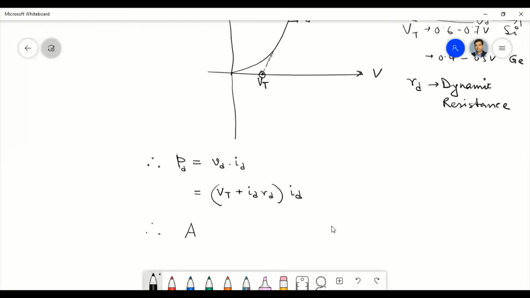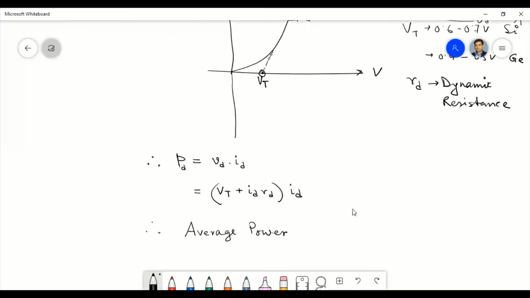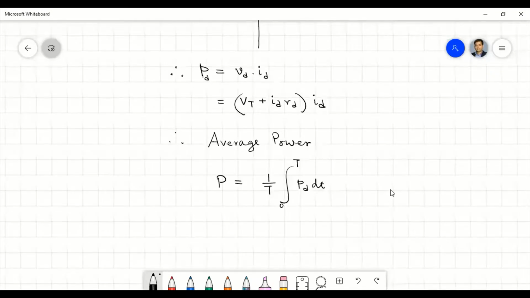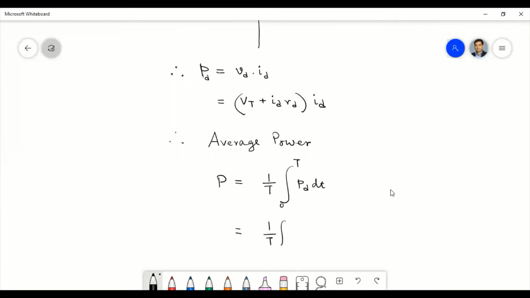Average power has the unit of watt, and it is analogous to the active power in the sinusoidal case. So the average power dissipated in the diode will be capital P, the average of pD dt, which is 1 by T, integral from 0 to T. Substituting, it will be (VT plus IDRD) into ID dt.